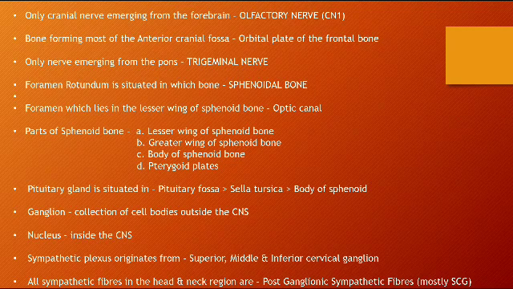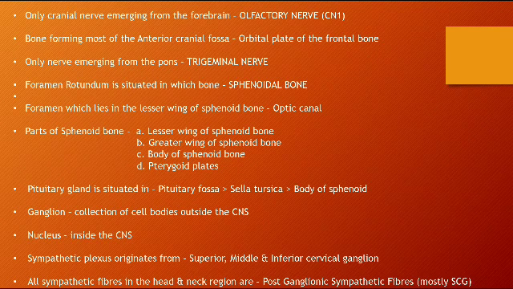Because all three mean the same. So the first preference should be pituitary fossa, the second sella turcica, and the third body of sphenoid. This is how you are going to mark your answer. So remember, this point is very important. It will be very helpful if you are preparing for NEET MDS.